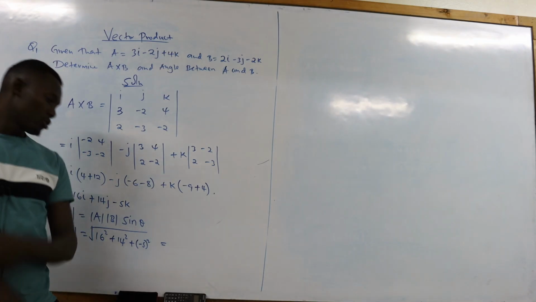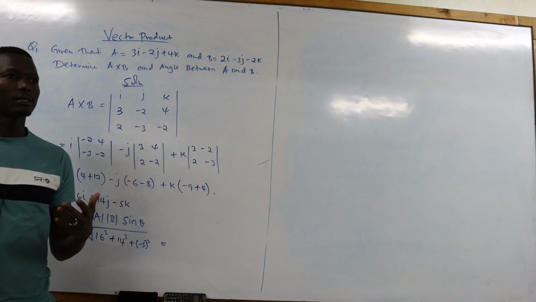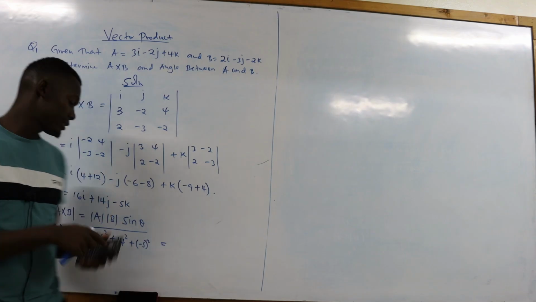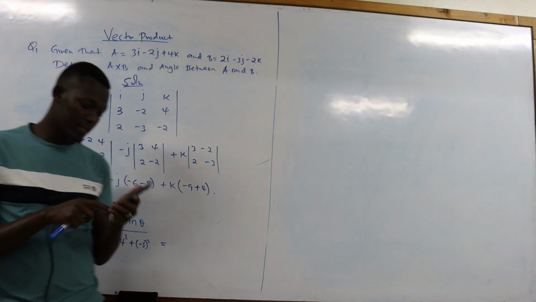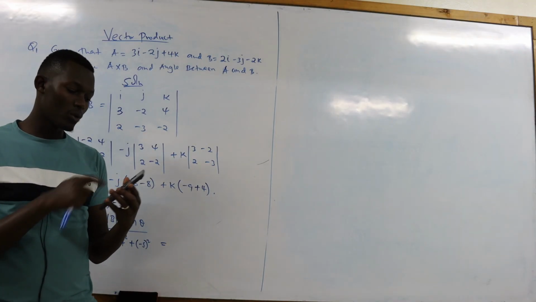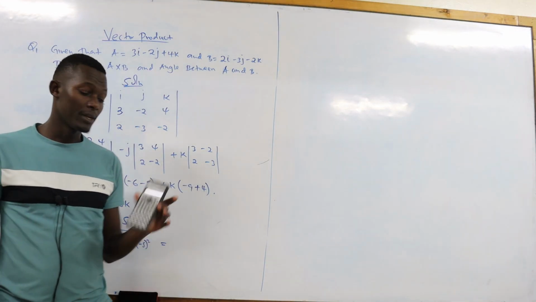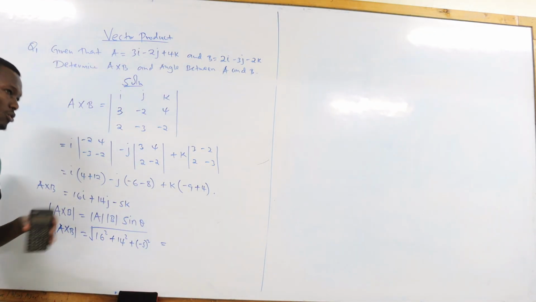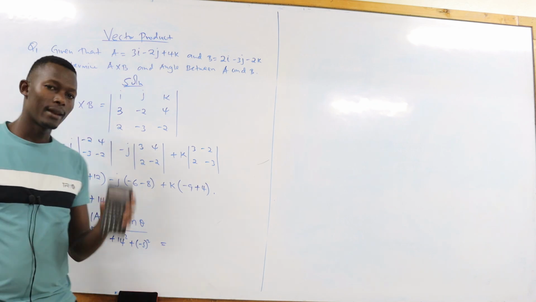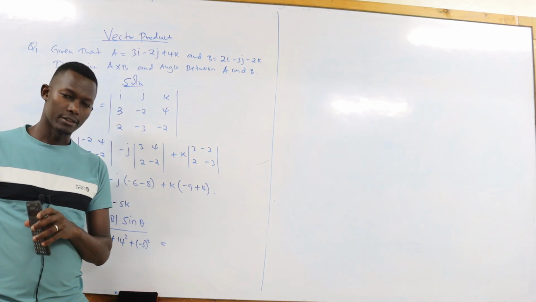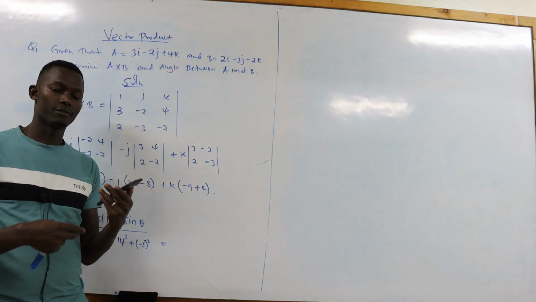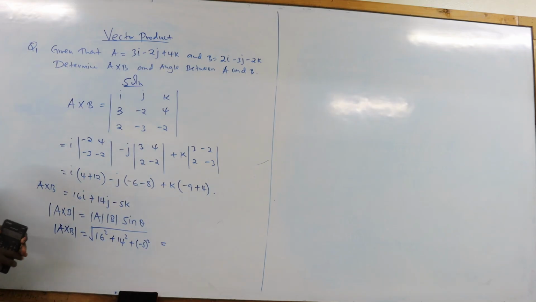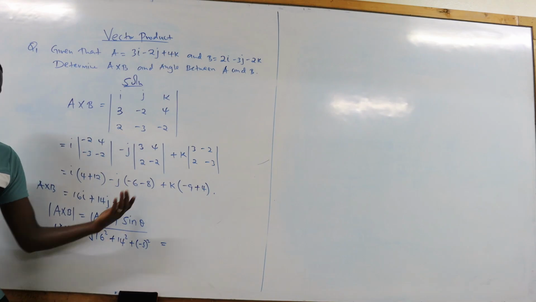If I key in negative 5 without the bracket and then square it, my answer will give me negative 25. And we know that when you square a number, you can never get a negative, because the negative multiplied by the negative gives you a positive. So always put them in brackets as I have done, then square it.